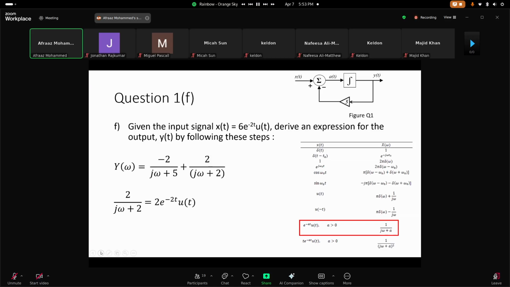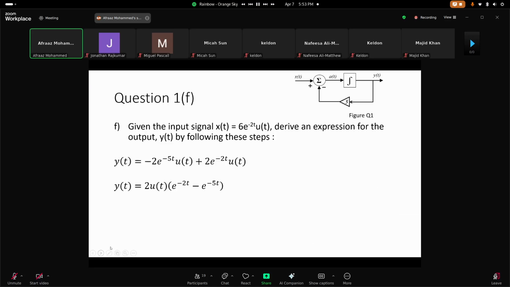Now that we have the 2 terms in the time domain, we can put them together, and y of t is equal to minus 2 e to the minus 5t u of t plus 2 e to the minus 2t u of t.